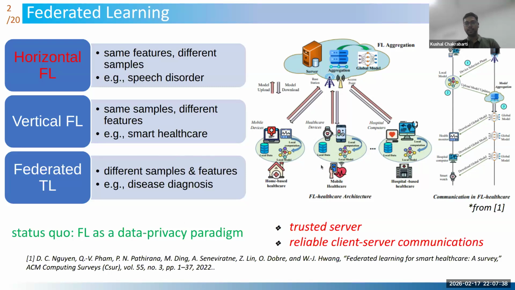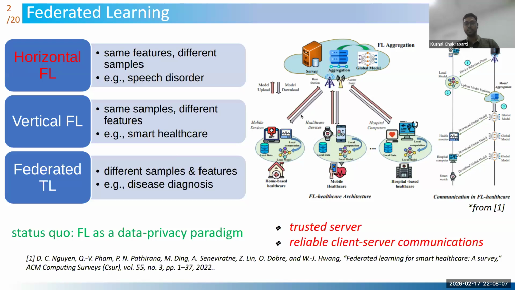The key thing is that there are multiple entities participating in federated learning, right? We have the server, which is doing the aggregation, and there are several agents. To make the entire federated learning secure, you need, for example, the server to be trusted, the agents to be trusted, and there is also a communication link between server and agent. That communication channel has to be reliable also.